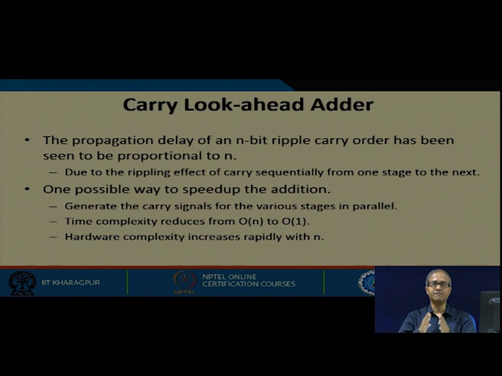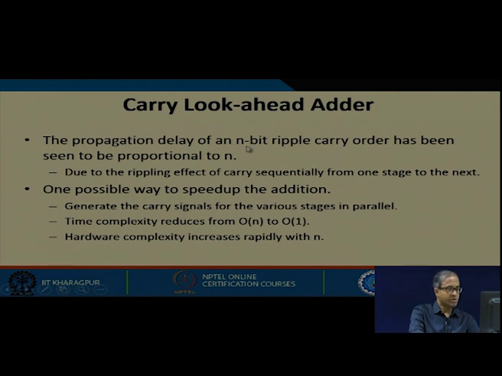That full adder is unable to start the addition unless its carry input is available. In the ripple carry adder, this carry input comes sequentially through a rippling effect. Because of that, the different full adders have to wait till the carry input comes.